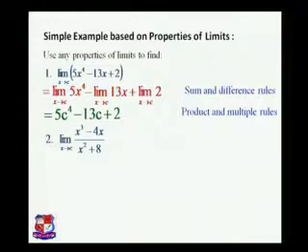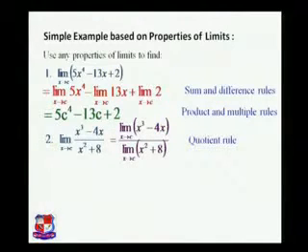In the same way, if we look at the second one, limit x tends to c of x cube minus 4x upon x square plus 8. Directly we will use the quotient rule, because if we take f(x) is equal to x cube minus 4x and g(x) is equal to x square plus 8, then we can write like this: limit x tends to c f(x) upon limit x tends to c g(x).